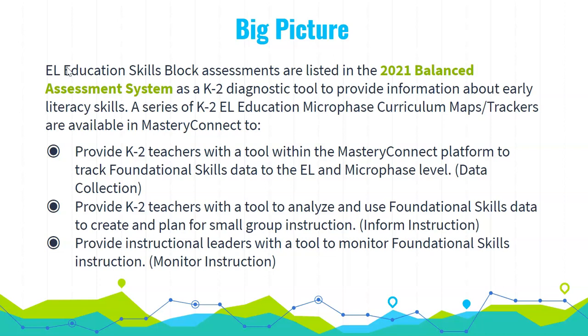We also want a tool that will analyze and use foundational skill data so that we can plan and create small group instruction. And we want to have a tool for instructional leaders to monitor foundational skills instruction.